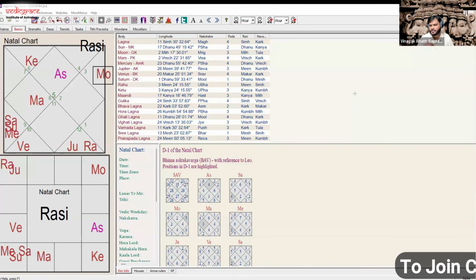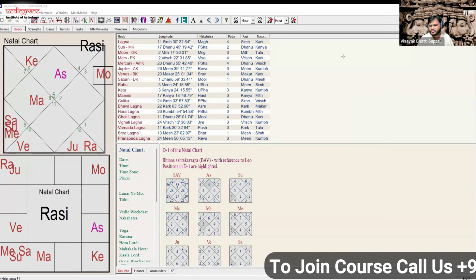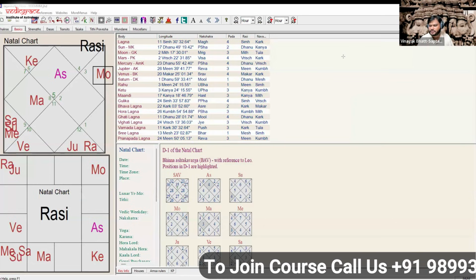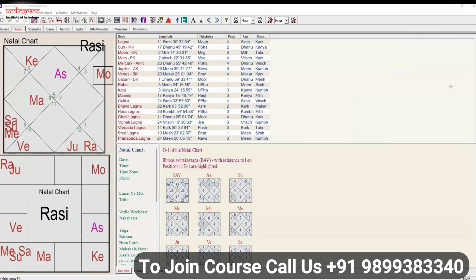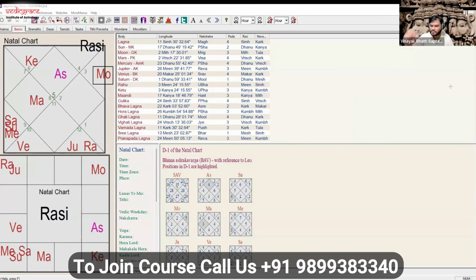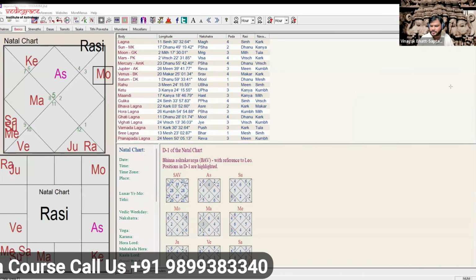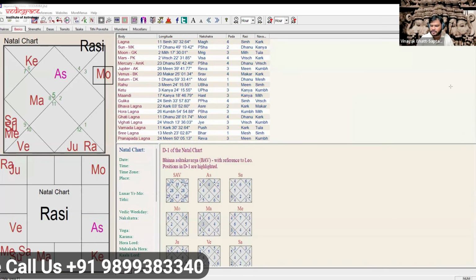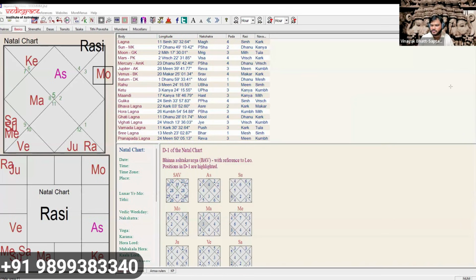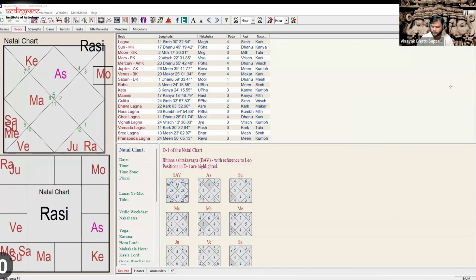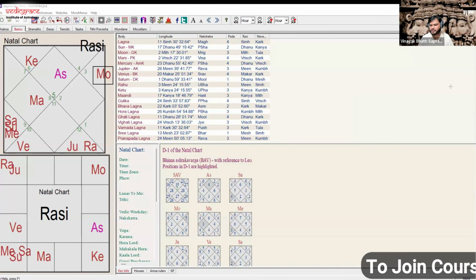One of them is the Sadesati. Sadesati is not given in any classics, but everybody is getting fear out of Sadesati. But the Sadesati concept is real, na? That is given in Phaldipika itself. If you read the transit chapter, the Saturn transit shloka, it is mentioned that the transit of Saturn in the 12th and 2nd house from the Moon is a very troublesome position for the transit.